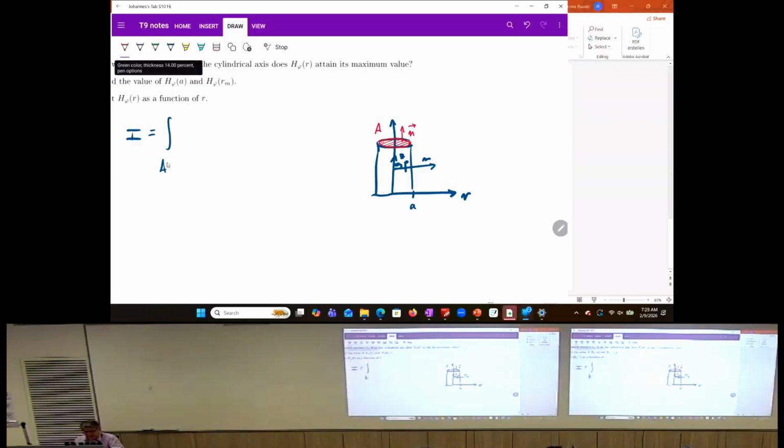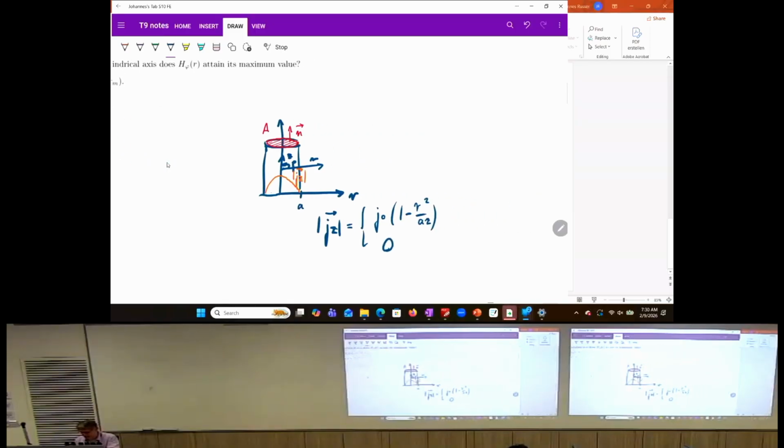And if you look at the current distribution, that is a constant value times 1 minus r squared over a squared. That means we have something that looks like this. This is our absolute value. So it is maximum at r equal to 0, and then it has this decay, 1 minus r squared over a squared, and 0 everywhere else.